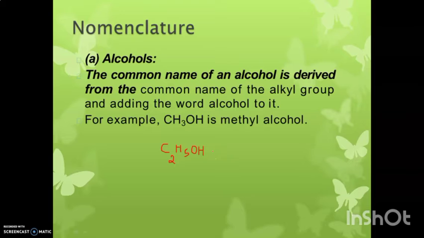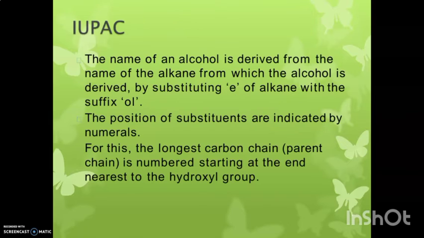Similarly, propyl alcohol, butyl alcohol, it will go like that. I hope you know the root words: if there is only one carbon, that is meth, two eth, three prop, four but, like that it will go. This is about the common name, but we are mostly following the IUPAC name.